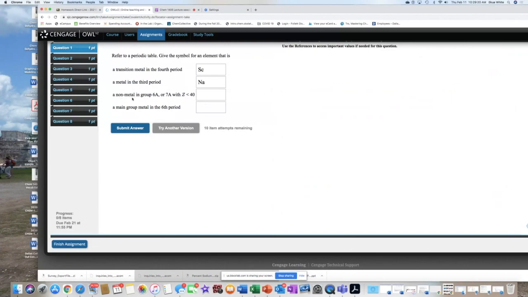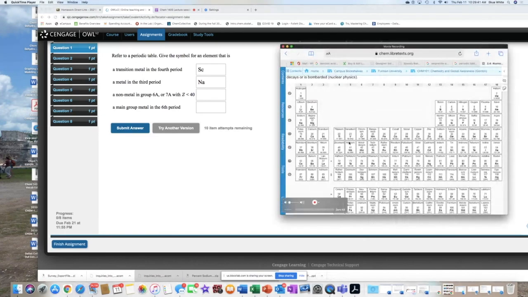Okay. A nonmetal in group 6A or 7A with atomic number Z. Z is a symbol for atomic number. So this is like shorthand, like LOL, right? So a nonmetal in group 6A or 7A with atomic number less than 40. Wow. Okay. I'm saying wow because this question is somewhat vague, so that could be any of those elements, right?